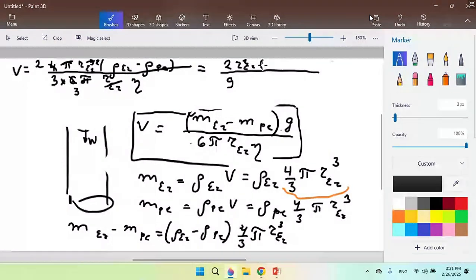Then the difference between erythrocyte density minus plasma density. We've got acceleration of gravity divided by the dynamic viscosity coefficient.